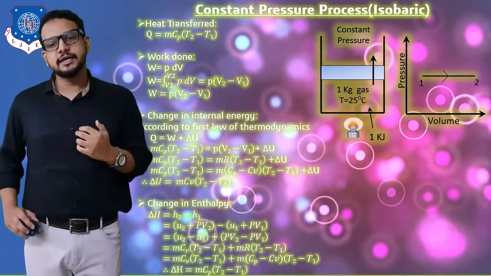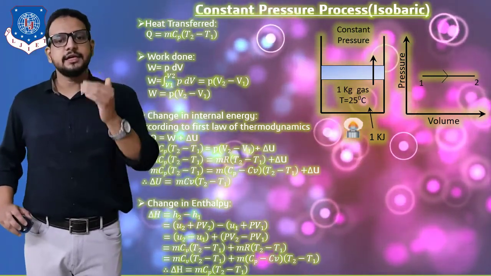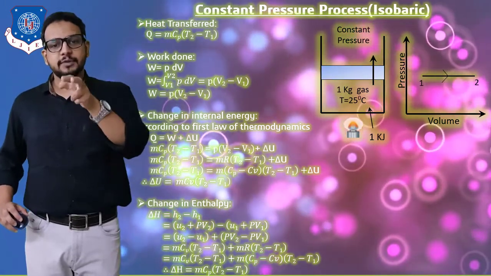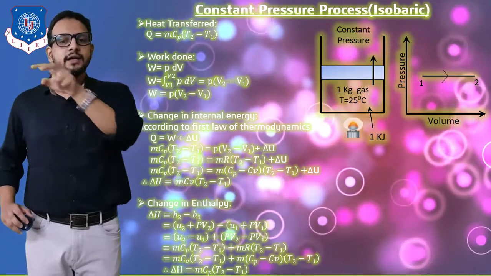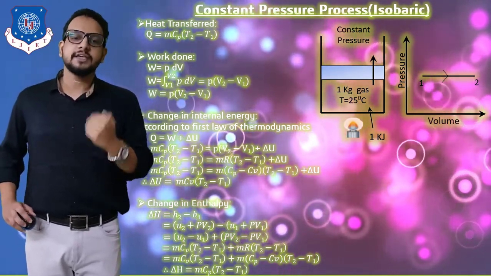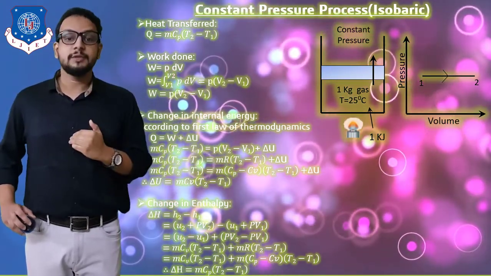Again in this step we can write from the characteristic gas equation PV equals to mRT. So in the next step I have written Cv (T2 minus T1), that is our delta U, which we have determined, plus in place of PV, that is mRT. So mR in a bracket (T2 minus T1). Finally, in the next step, we are substituting the value of R, that is the characteristic gas constant, from Mayer's equation, Cp minus Cv.